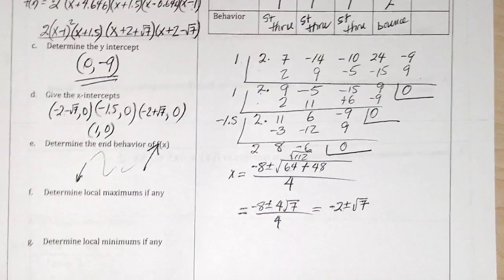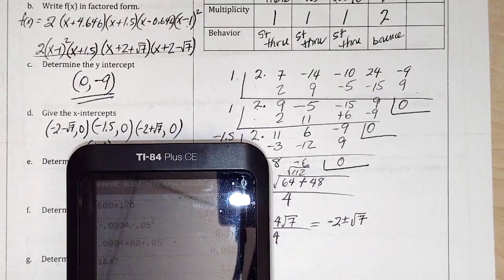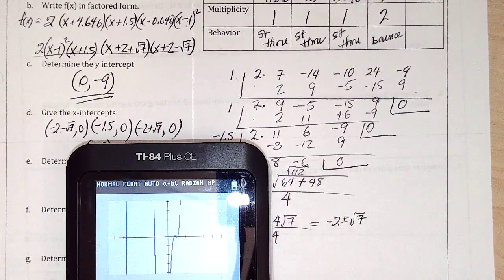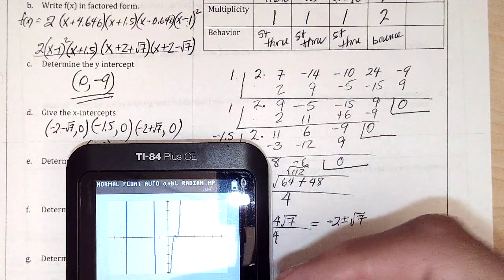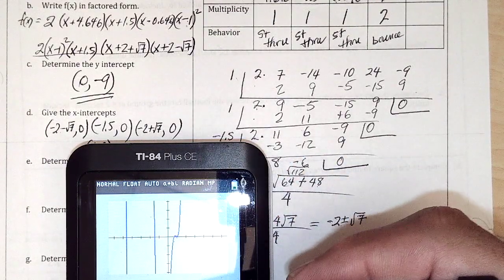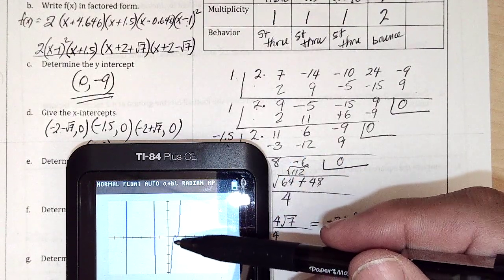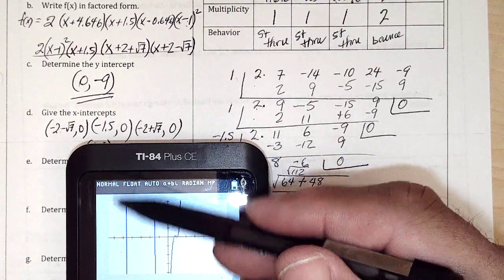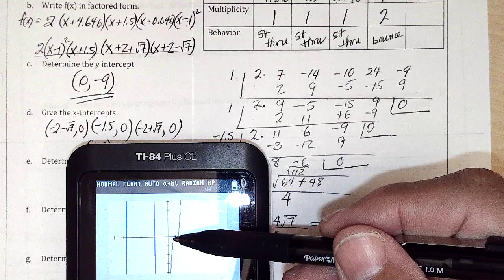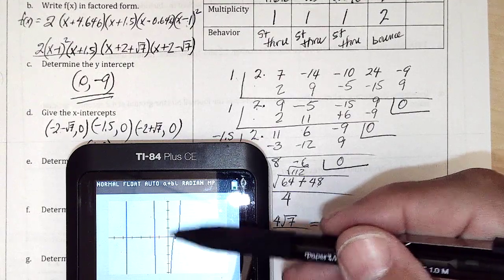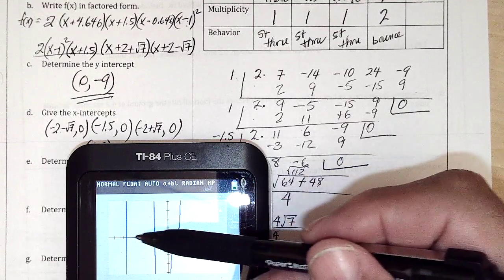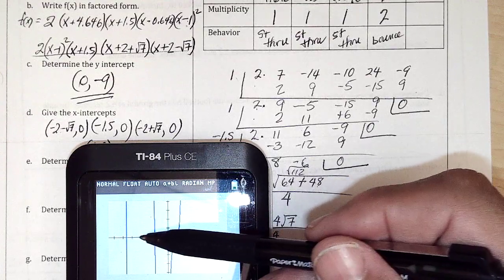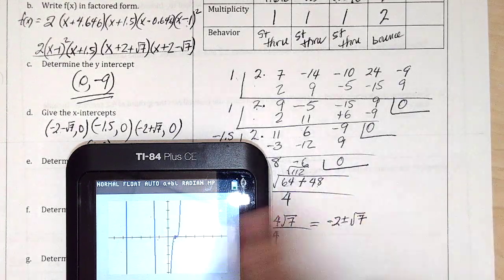Determine the local maximums, if any. So let's go back and look at our graph. And we know that it's going up, coming down, then going up and down and up. So there's a maximum here, way up there, and there's a maximum here. This maximum is somewhere between -4 and -2.